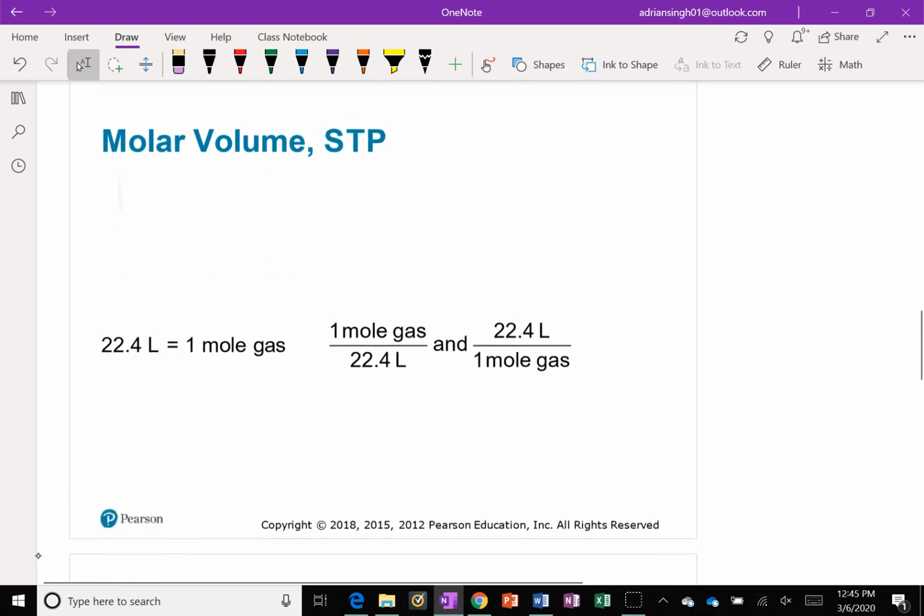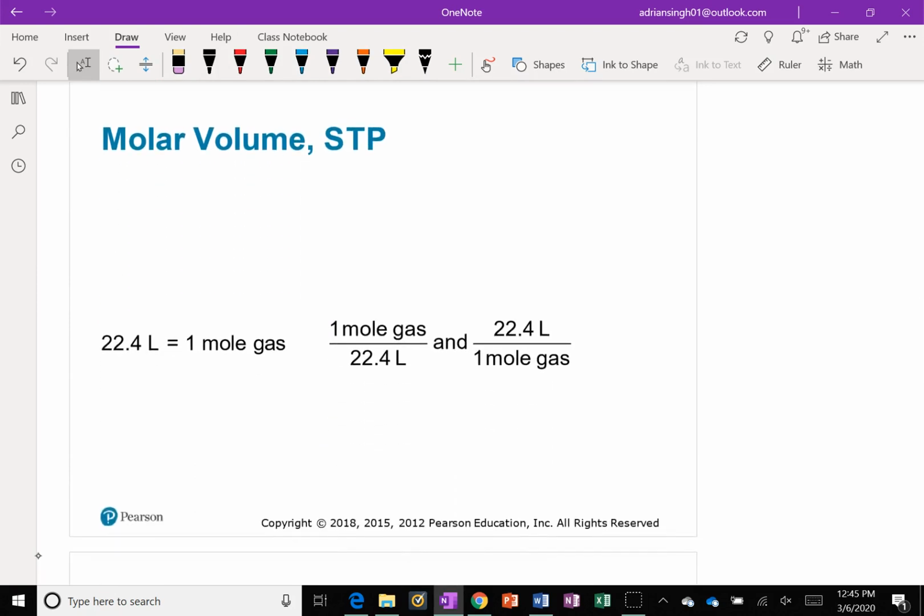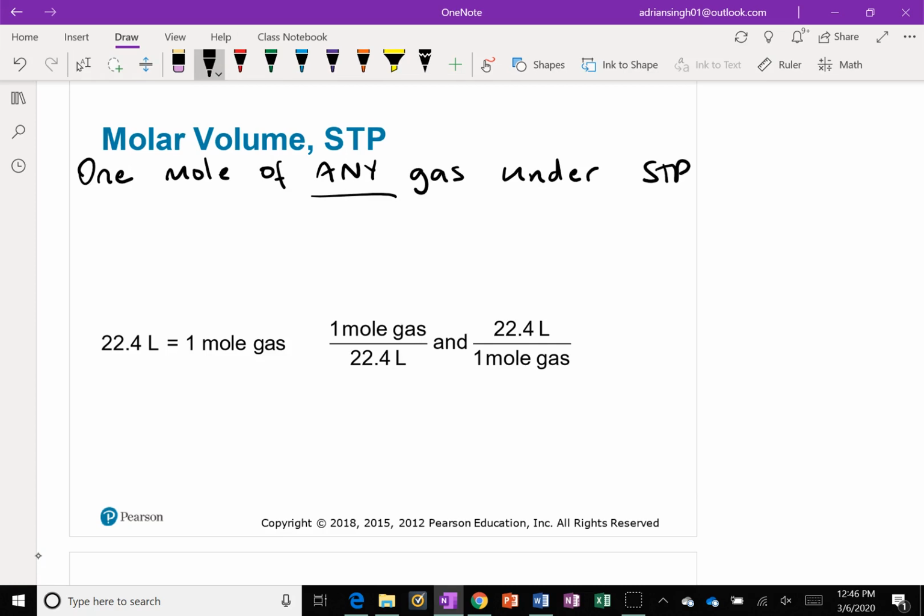And what we find is that it doesn't matter what gas you have. 1 mole of any gas under STP conditions occupies the same volume, which is 22.4 liters.